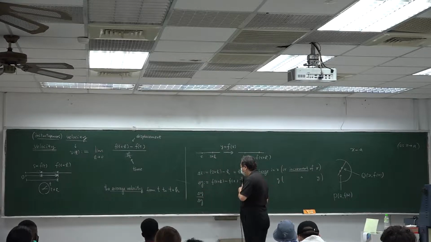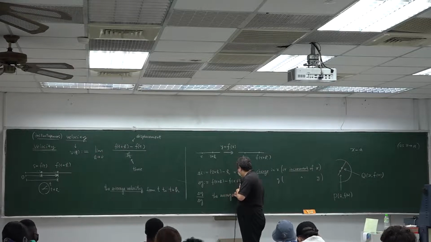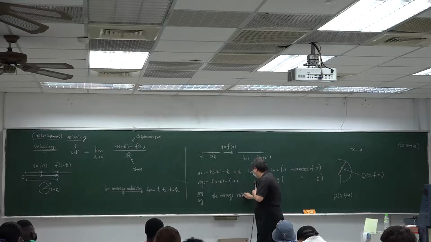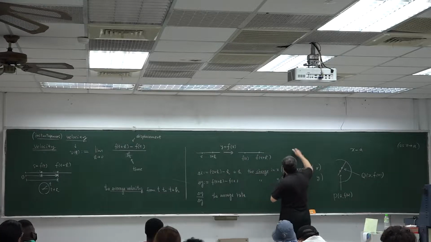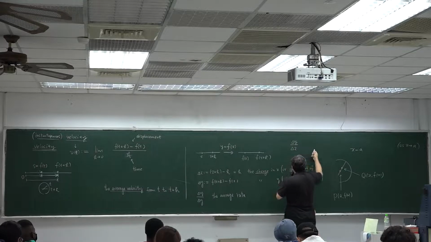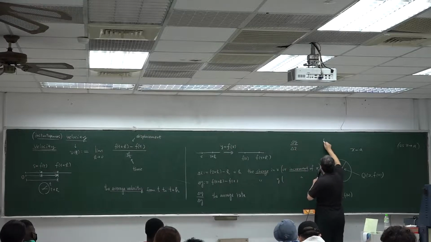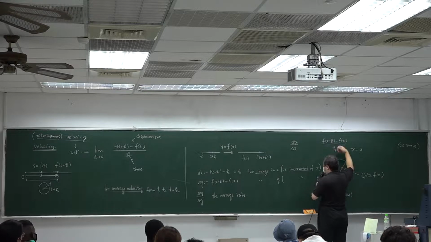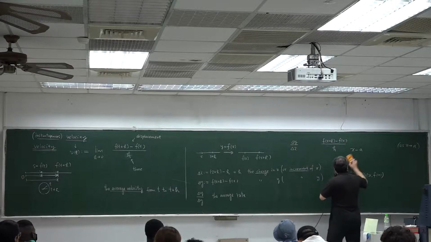This quantity is called the average rate, because delta y over delta x is exactly the quotient of these two numbers.